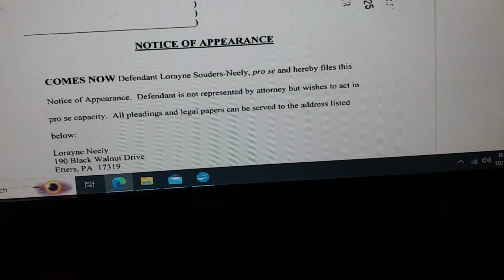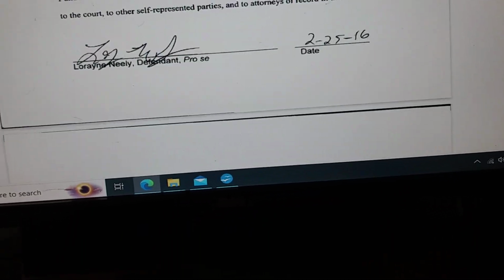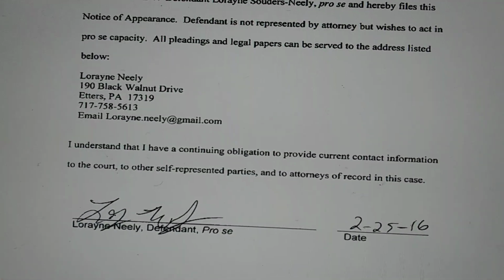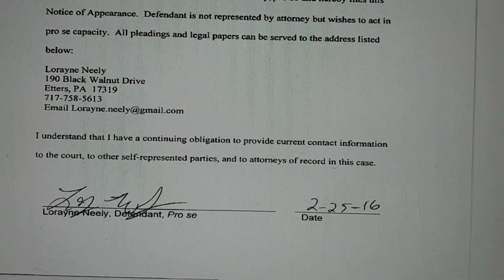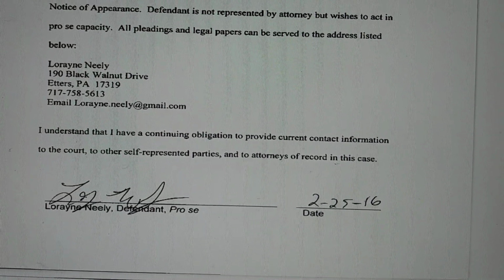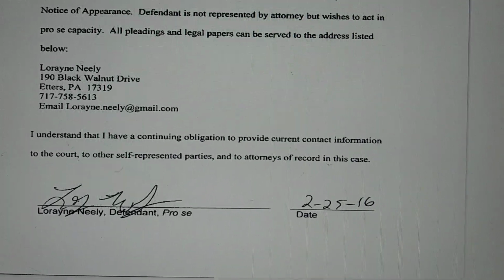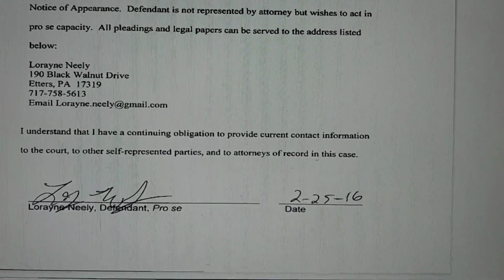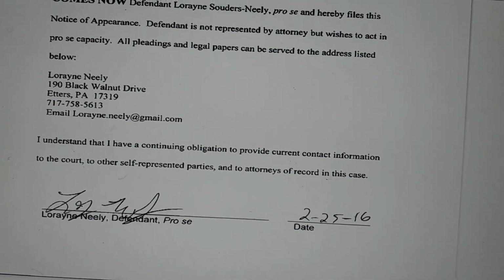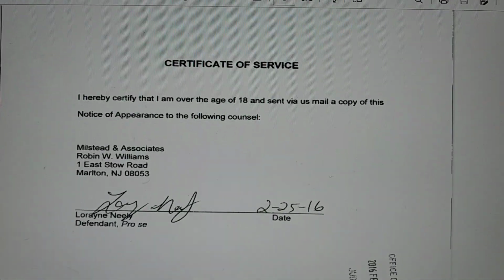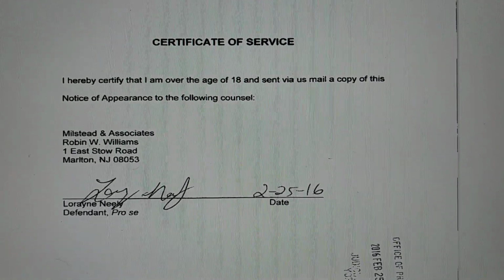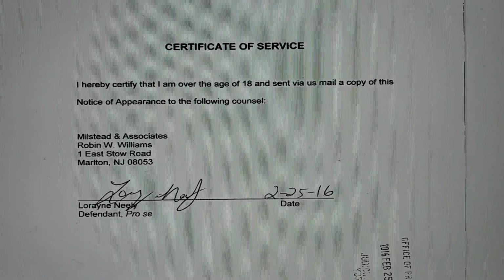And it has my address. Then it has, I understand that I have a continuing obligation to provide current contact information to the court, to other self-represented parties, and to attorneys of record in this case. And then I signed and dated it. And I also served the other side a certificate of service. You have to always serve the other side whenever you file anything.